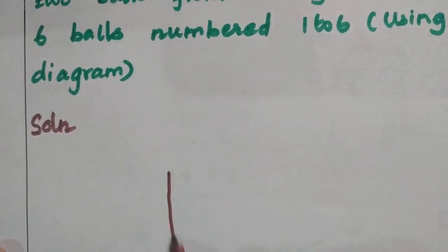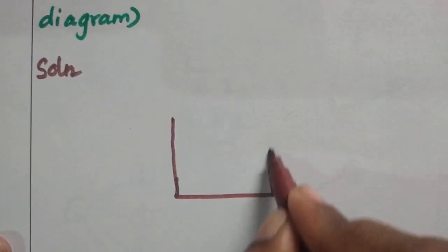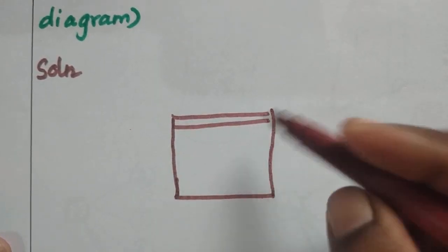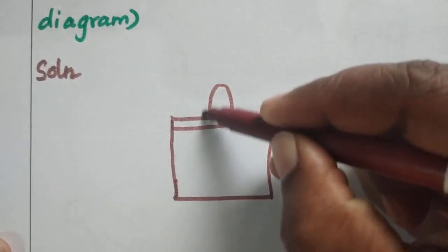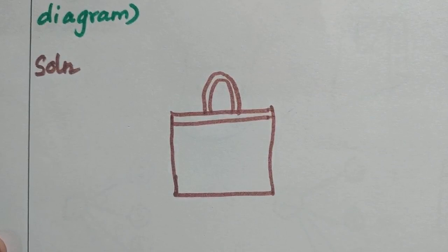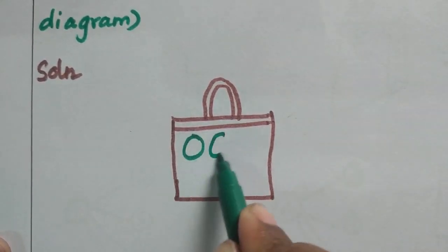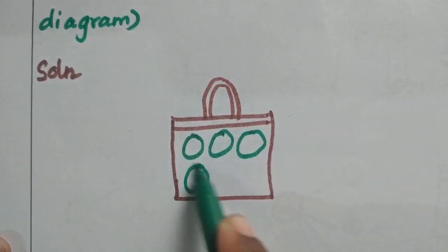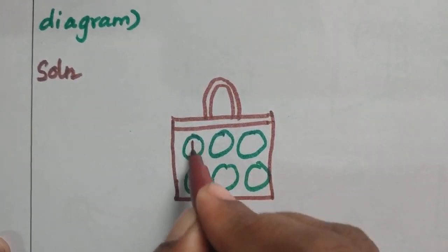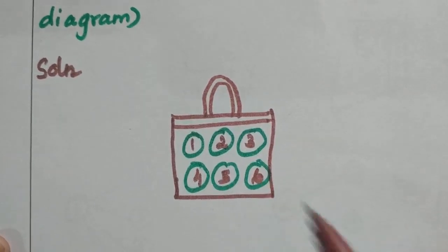So there is a bag. It contains 6 balls. And the balls numbered 1, 2, 3, 4, 5, 6.